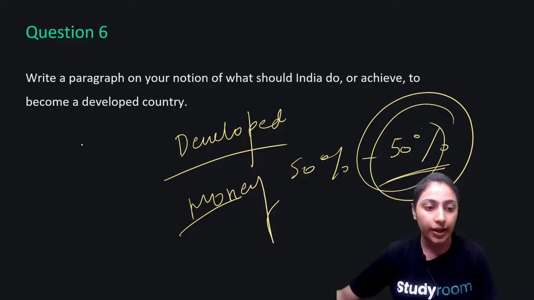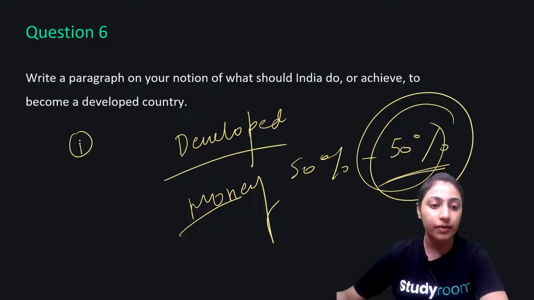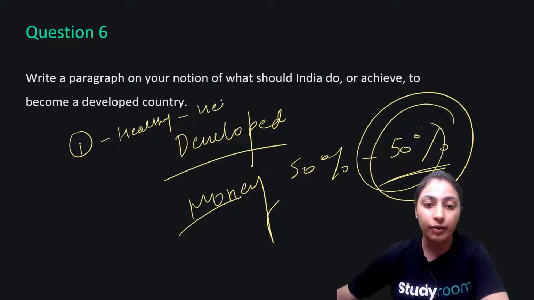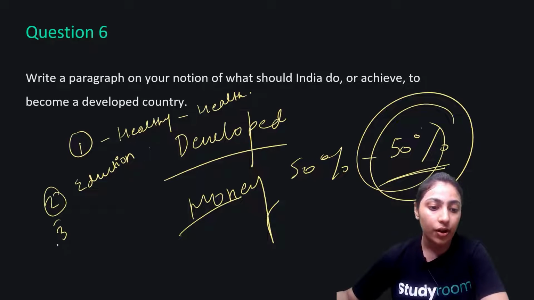Again, the points will be very similar. First, everyone is healthy, with health benefits available to them. Second, education is being provided to everyone. Third, jobs for every youth.